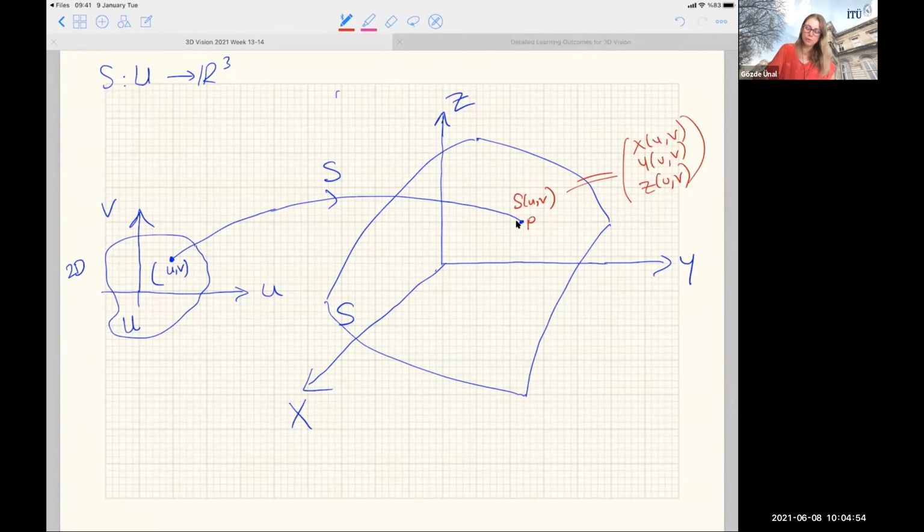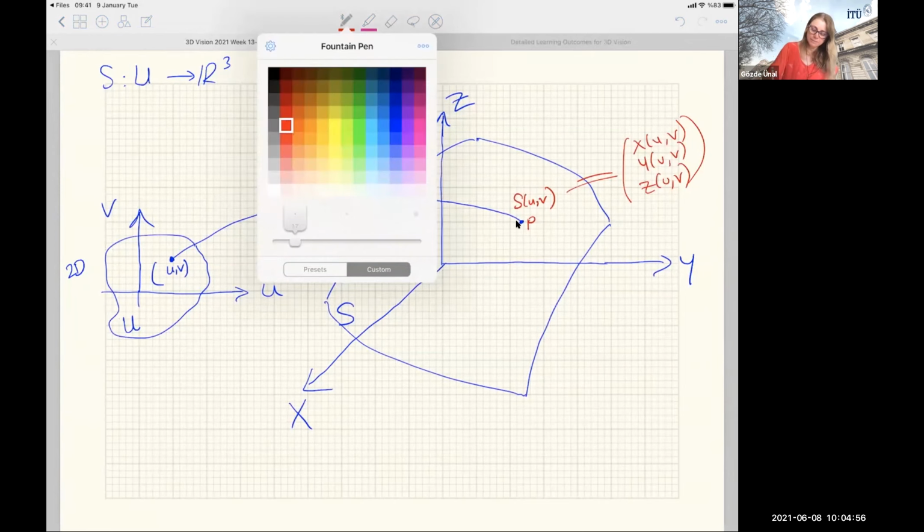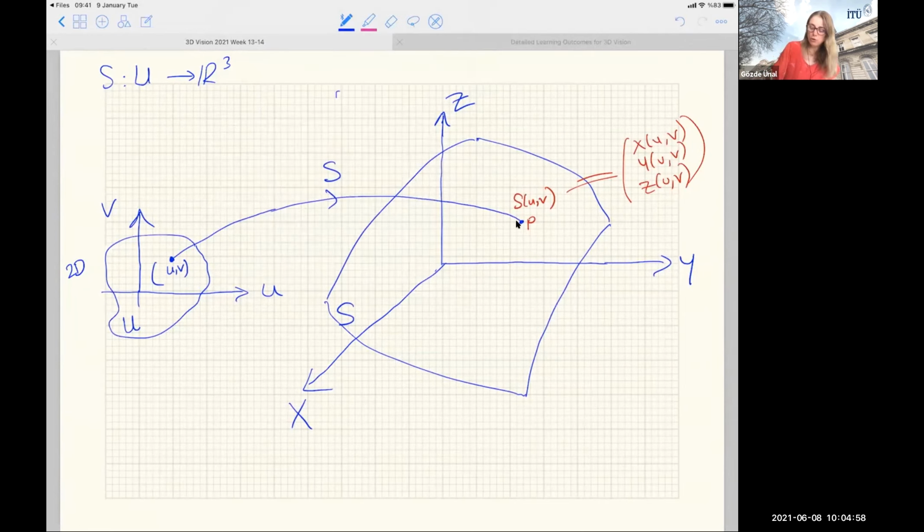Okay, so now we define something called a tangent plane. We will be able to do that because I have S(U,V), the parameterized surface, and I can take its derivatives along these two UV axes.